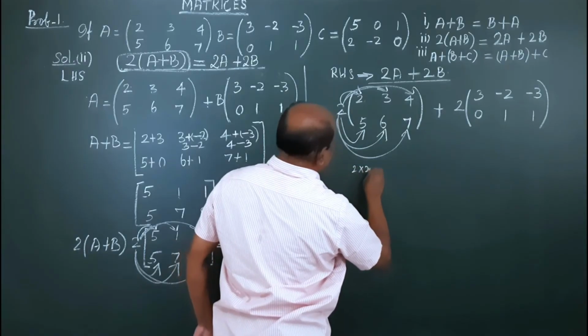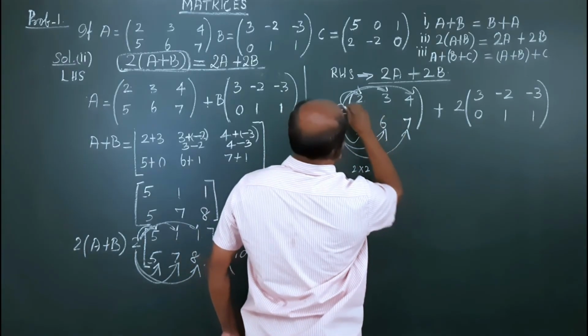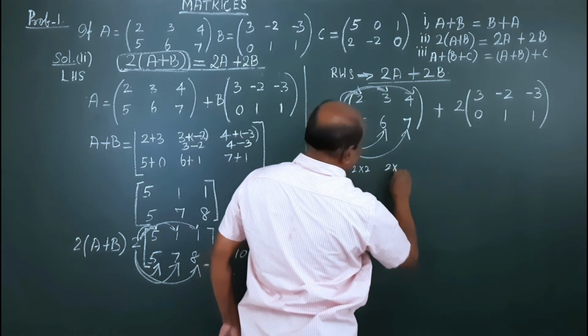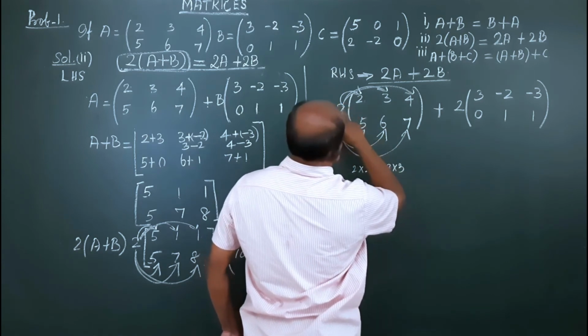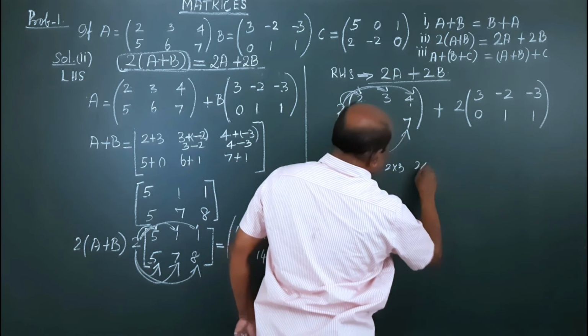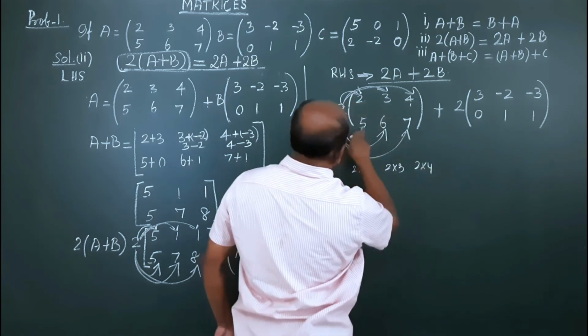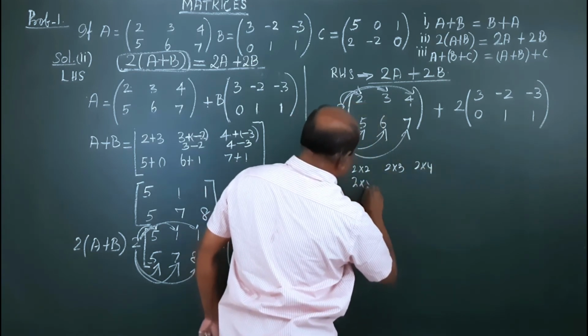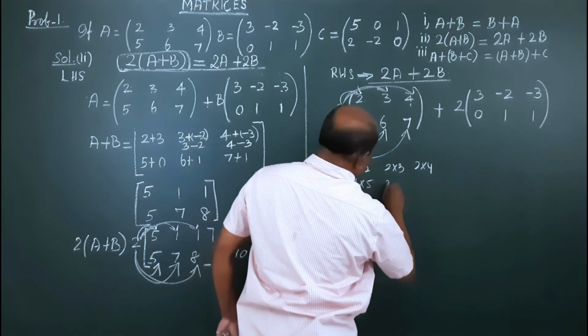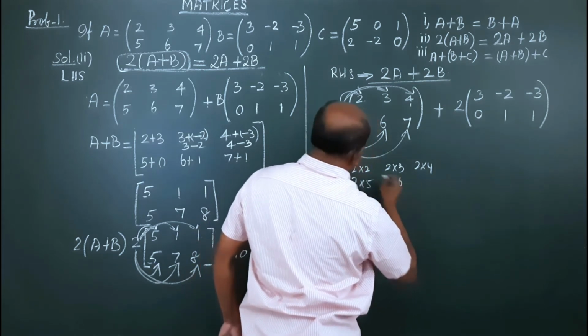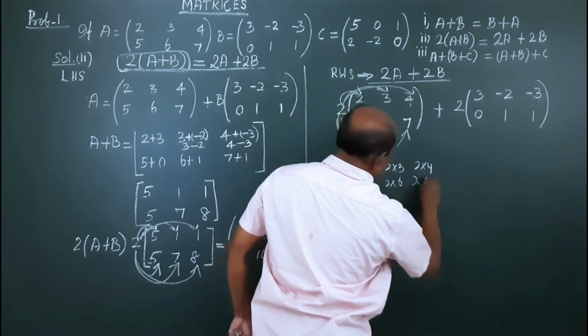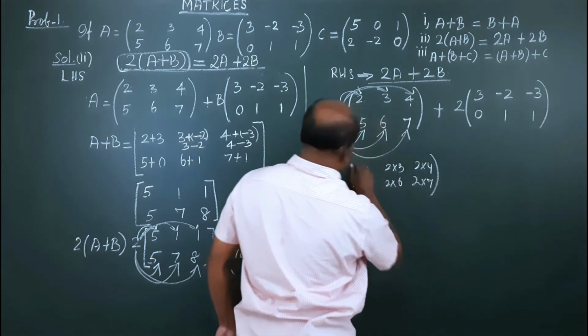2 into 2, again 2 into 3, 2 into 4, 2 into 5, 2 into 6, 2 into 7.